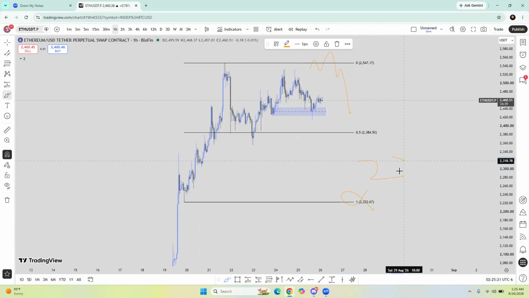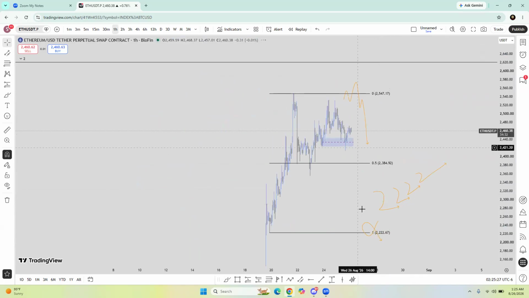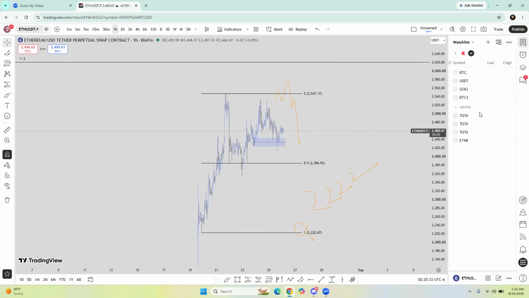2222. Don't go hard on it. Wait for it. It will come here. Once we sweep this, then we will see. The reason is ETH BTC.